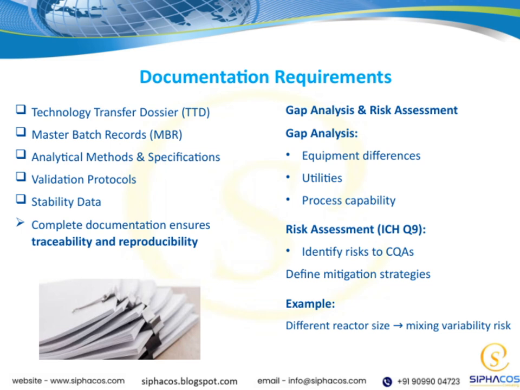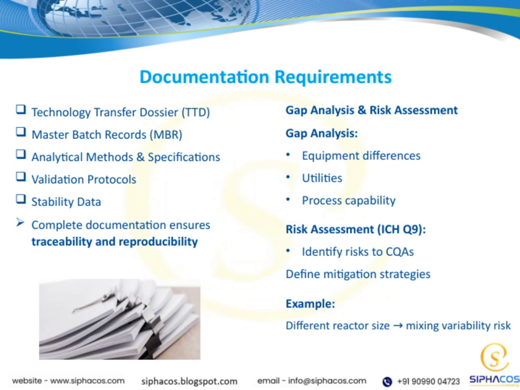Now, let's take a closer look at our gap analysis and risk assessment. First, in the gap analysis, we focus on identifying differences in equipment, utilities, and process capability. These differences can impact the consistency and quality of our manufacturing process, so it's crucial to understand where gaps exist. Moving on to risk assessment, particularly based on ICH Q9 guidelines, the goal is to identify potential risks to critical quality attributes, or CQAs.